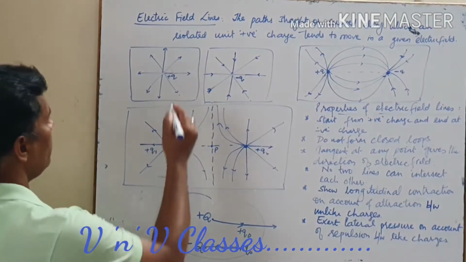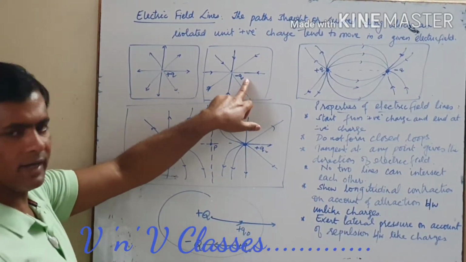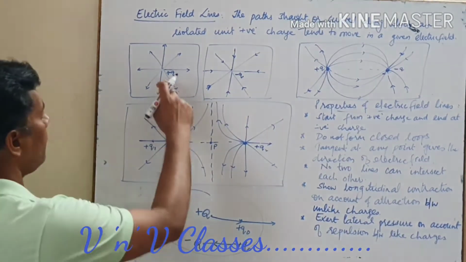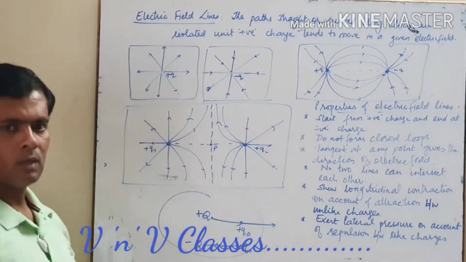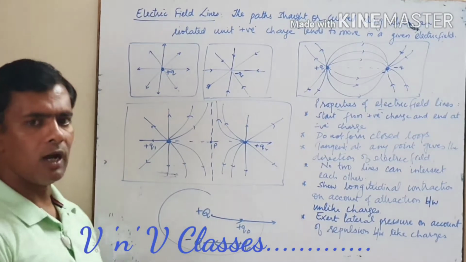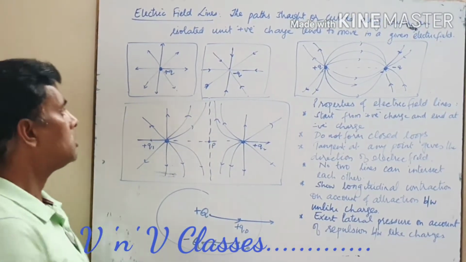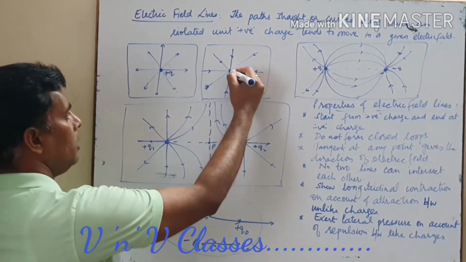Here we have plotted the electric field lines for a positive charge and for a negative charge. For a positive charge the field lines always move outwards. For a given charge the field lines are perpendicularly outwards for a positive charge, and for a negative charge they are perpendicularly inward.